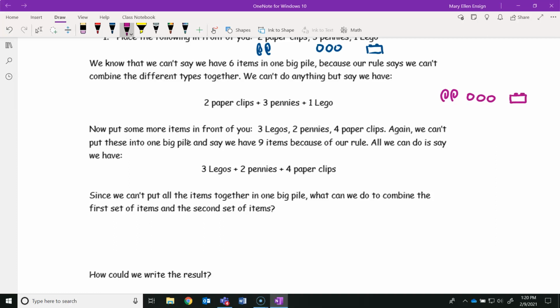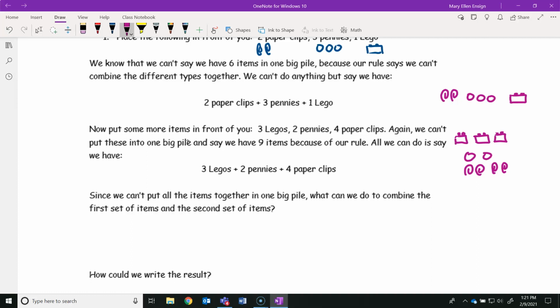Now I have some more items I'm going to put in front of me: 3 Legos, 2 pennies, and 4 paper clips. We can't just say we have this big pile of items.